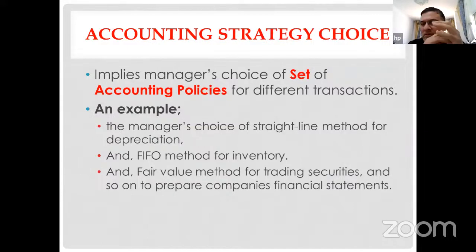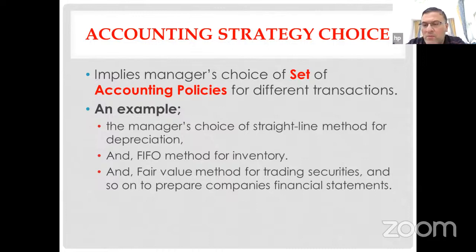In other words, accounting strategy implies managers' choice of a set of accounting policies for different transactions. For example, managers choose the straight line method for depreciation, the FIFO method for inventory, the fair value method for trading securities, and so on, to prepare the company's financial statements.